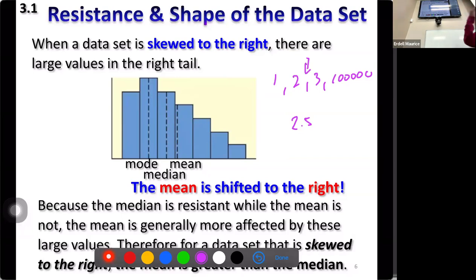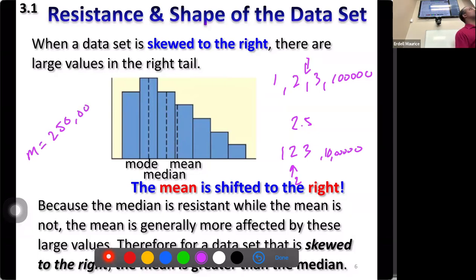So even though I put in 1 million, the median barely moves, right? The median is resistant. But the mean is going to change by a huge amount. When I just had 1, 2, and 3, the mean was 2, correct? But when I add in 1 million, what's 1 million divided by 4? 250,000? When I add in 1 million, I mean, there's a lot of zeros. The mean will become approximately 250,000.